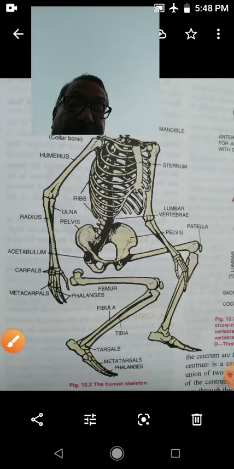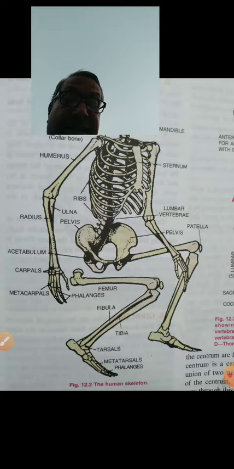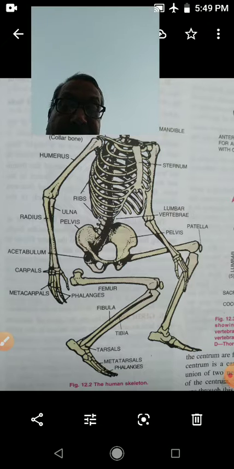Again there are 7 bones present in the tarsals, 5 bones in metatarsals and 14 bones in the phalanges. So now count the bones of the hind limb: 14 phalanges, 5 metatarsals, 14 plus 5 is 19, 7 bones in the tarsals, 19 plus 7 is 26, 2 tibia fibula 28, 1 patella 29, 1 femur 30.